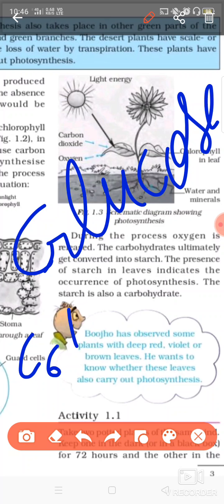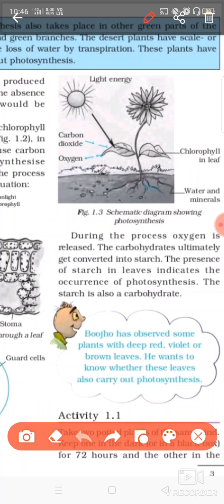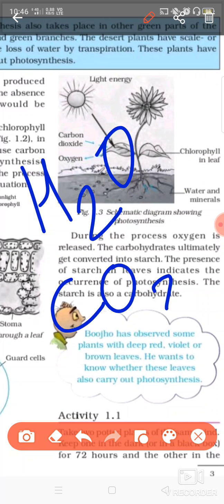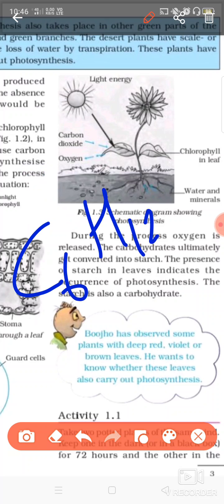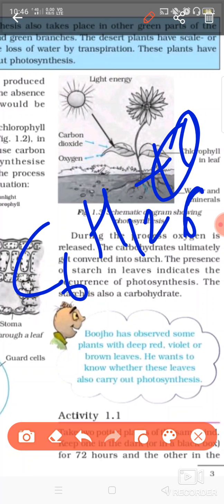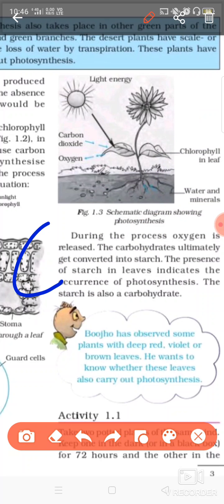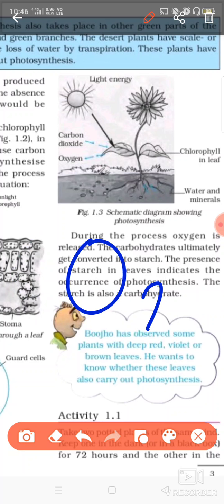So water from the soil and carbon dioxide from the air combine to form glucose, that is C6H12O6, and oxygen is also liberated. Oxygen comes out.